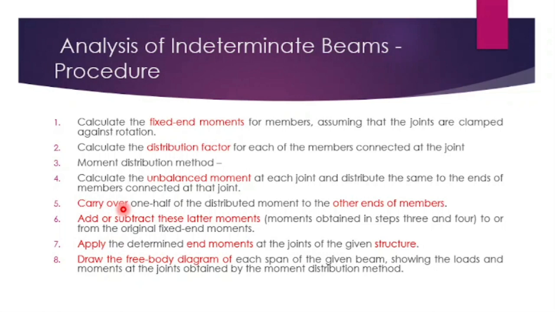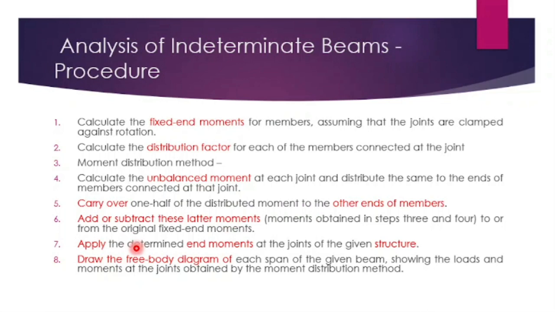Next concept is carryover. So if the opposite end is hinged, 0 kilonewton meter, and if the opposite end is fixed, you can carry 0.5 of the moment. And the next thing you have to do is add or subtract these moments. So whatever you have made as the balanced moment, the carryover and distribution, you have to add that.